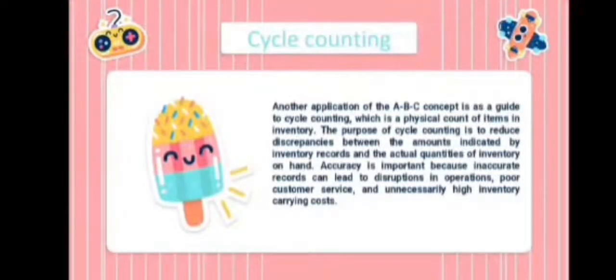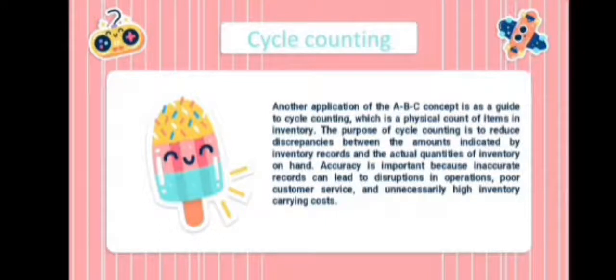Cycle counting is a physical count of items in inventory. It is another application of the ABC concept, as a guide to cycle counting. The purpose of cycle counting is to reduce discrepancies between the amounts indicated by inventory records and the actual quantities of inventory on hand.